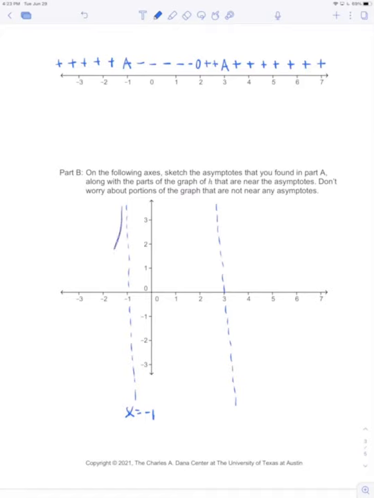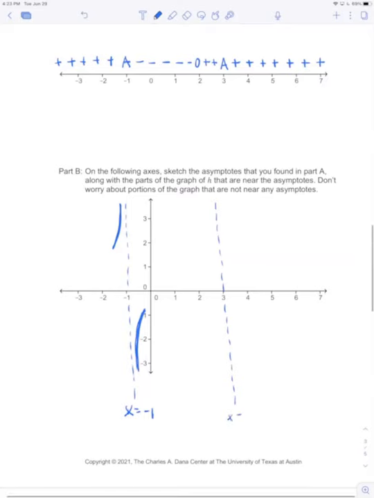So we'll have a curve that looks like that somewhere. And on the right side, we're going to be negative. So we'll be down here like that. And then for the x equals 3 asymptote, it looks like on both sides of this asymptote, we're going to be positive. So it will look like that.